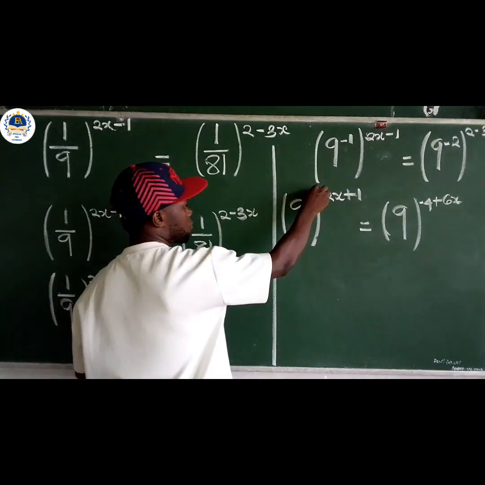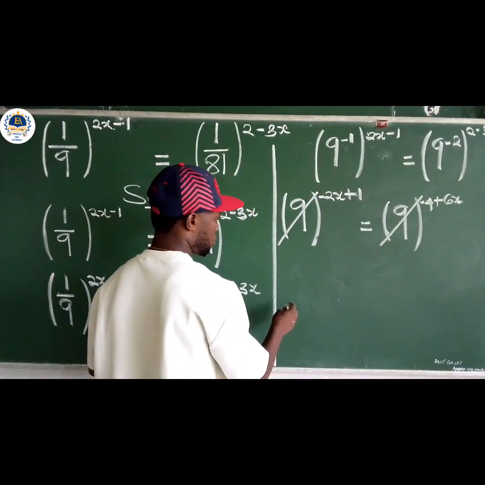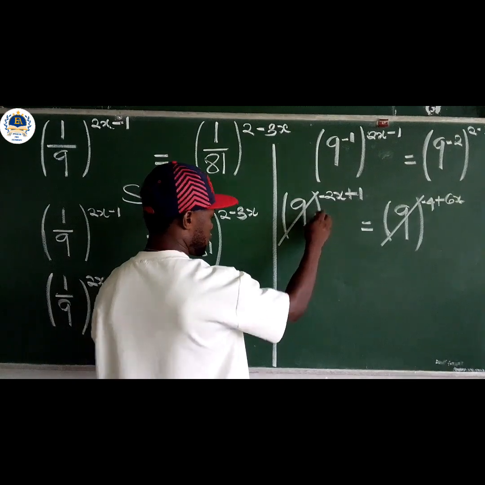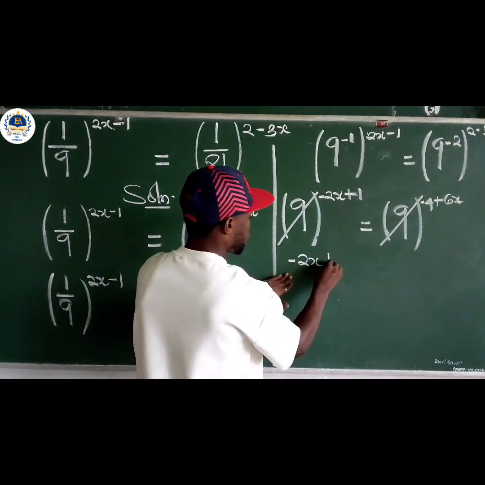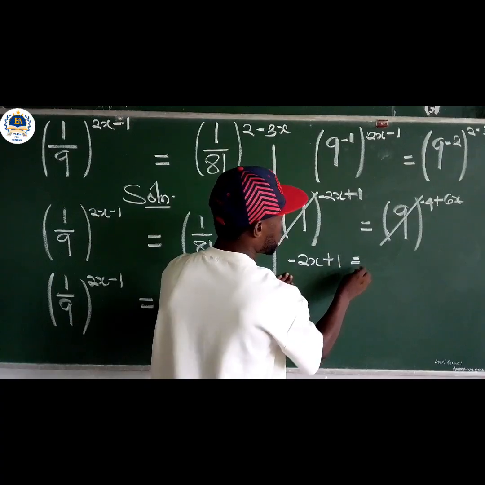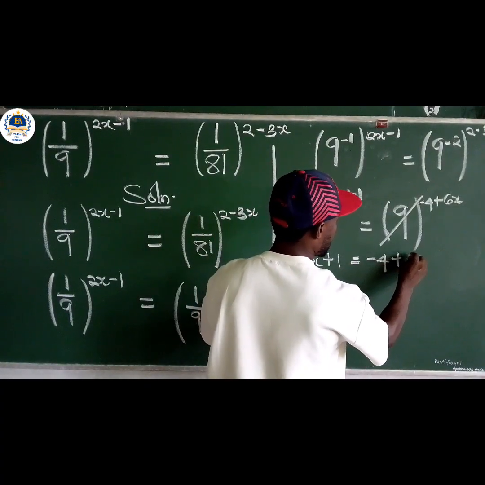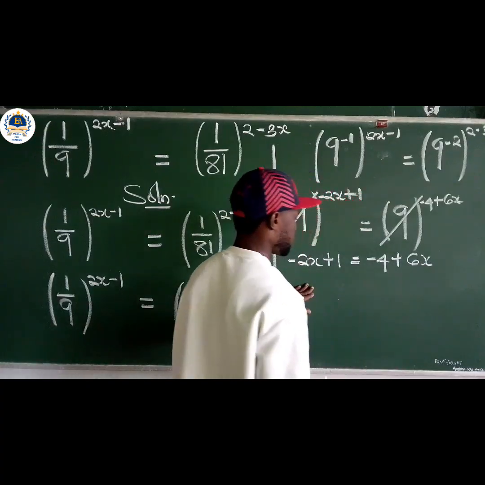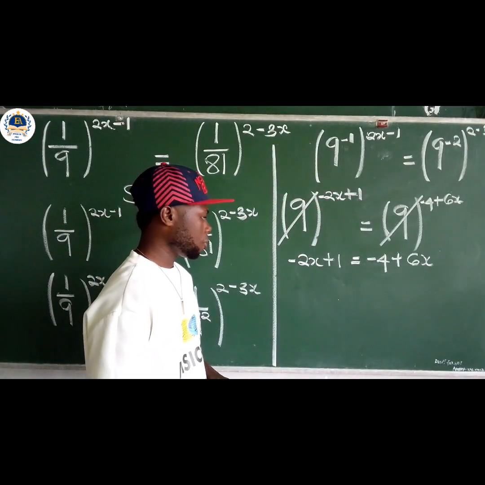So the mother has passed out. We are left with this: minus 2x plus 1 is equal to minus 4 plus 6x. Next step is the collection of like terms.